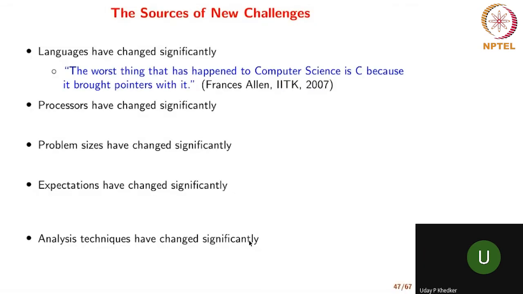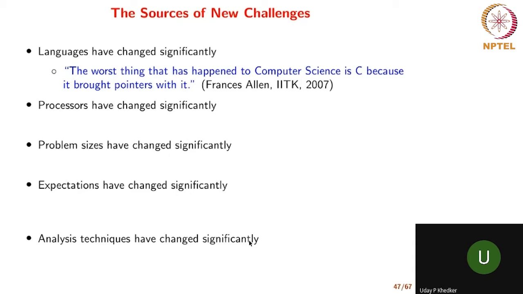There was this workshop at IIT Kanpur in 2007 where Frances Allen had come, and she gave a keynote talk. An important point that she made in the talk was that the worst thing that has happened to computer science is C, because it brought pointers with it.